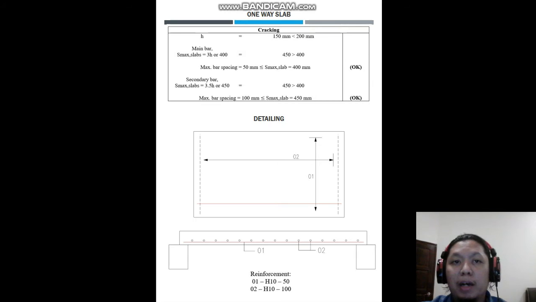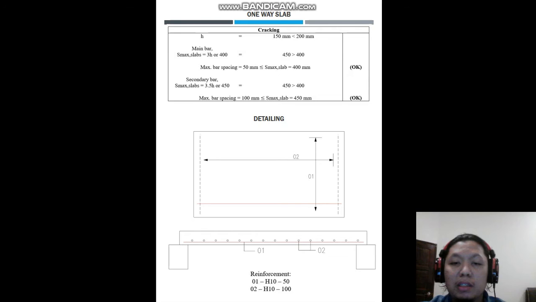And the secondary bar we calculate for the X-max slab by using the formula 3.5H or 450, and the answer is 450, which is more than 400. So the max bar spacing is 100 mm, equal to 450 mm. So the main bar and the secondary bar for the S-max slab are both acceptable and okay.